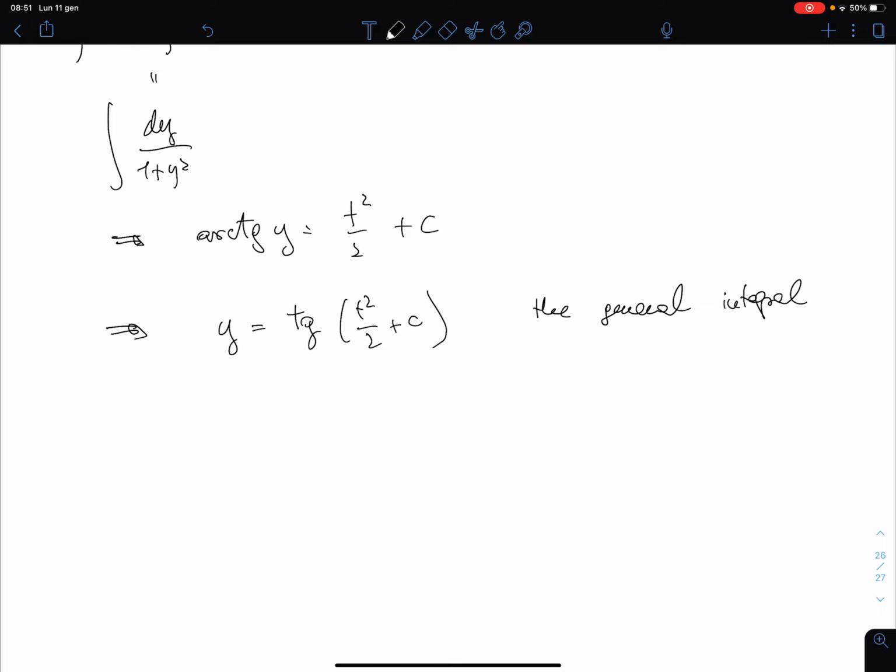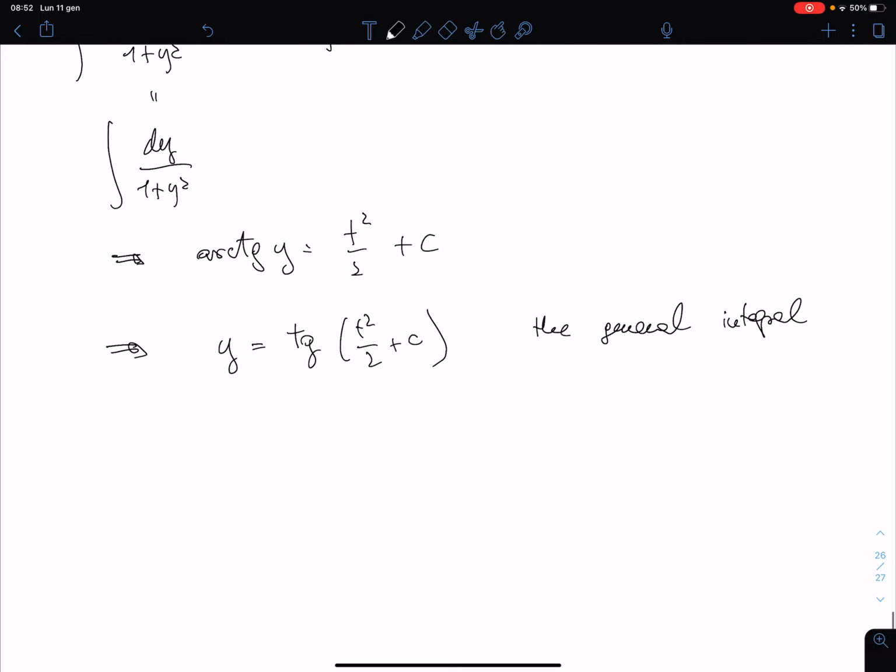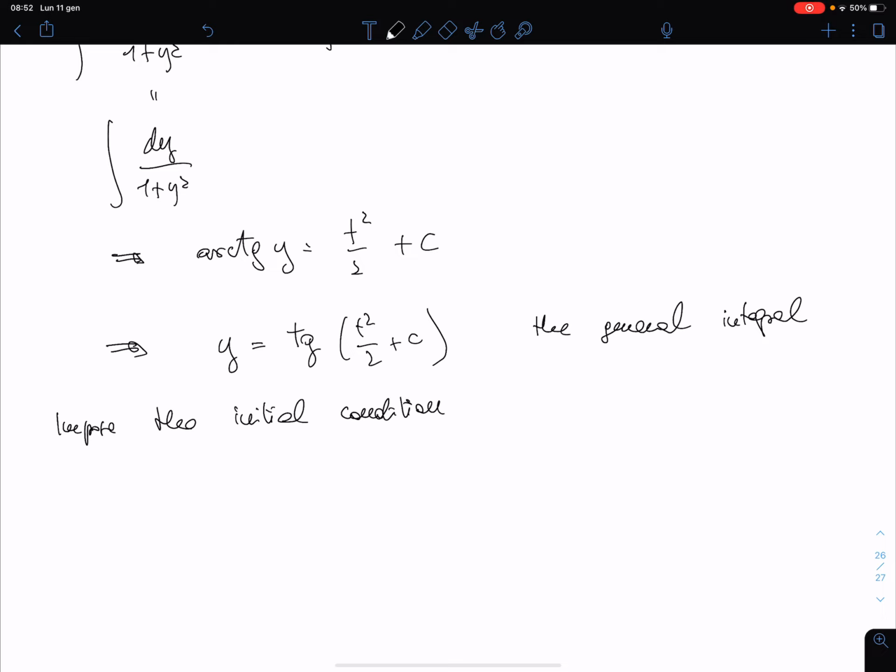And now we impose the initial condition: zero is equal to y of 0 is equal to the tangent of c. So we can use c equal to 0.